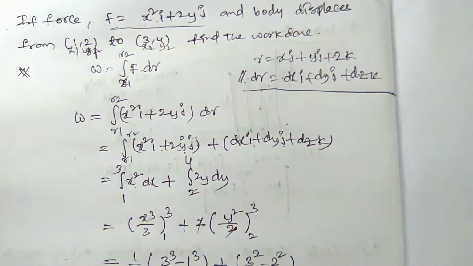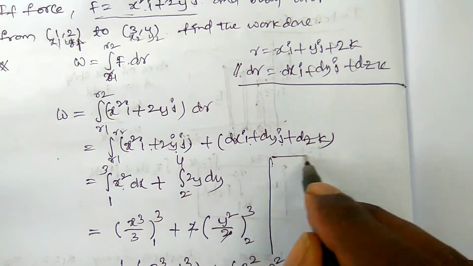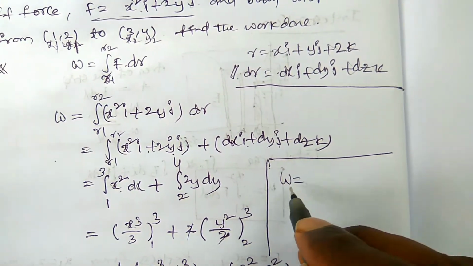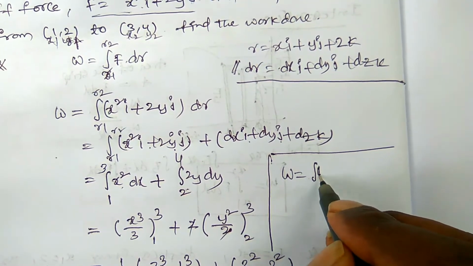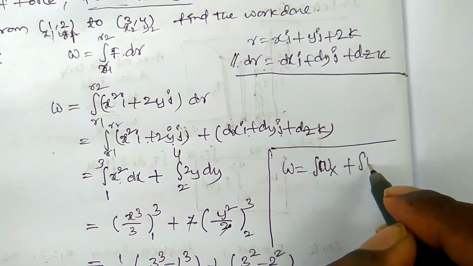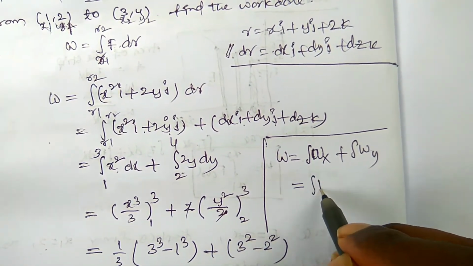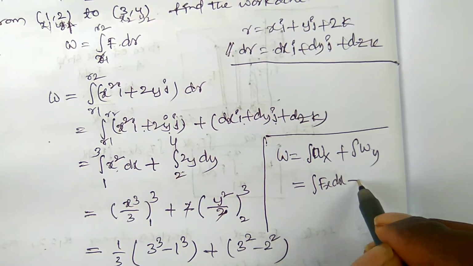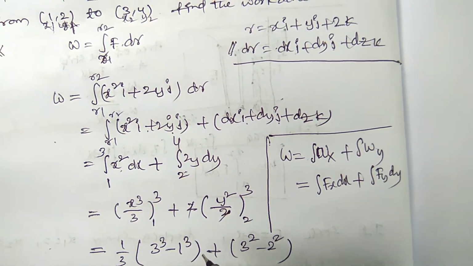Okay, so there is a shortcut method also. The work done is equal to the work done in the x direction plus the work done in the y direction. So the work done in the x direction means the integral of Fx into dx, plus the integral of Fy into dy, right?